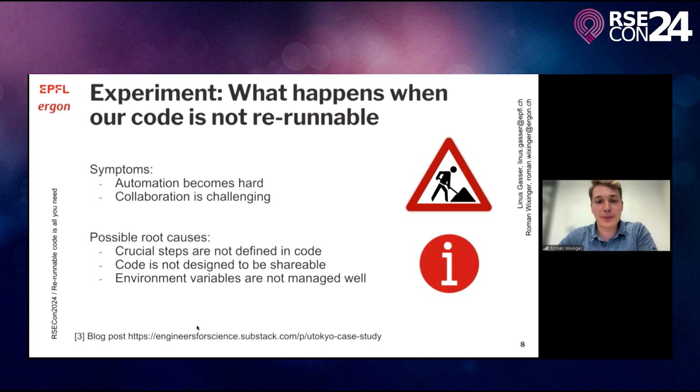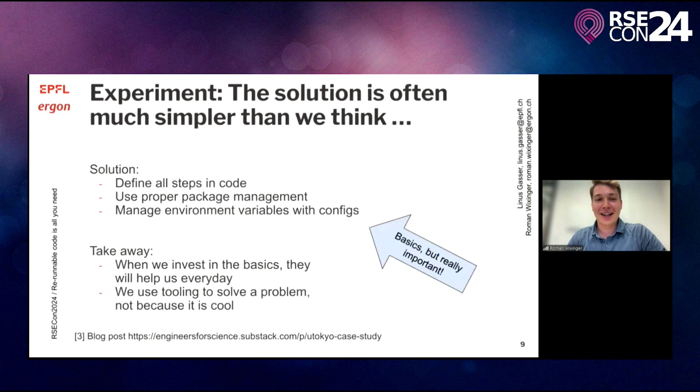Of course, the cure is really simple. Of course, for you as RSCs, you know the solution. You just define all steps of the experiment with code. So you control the experiment with code, use proper package management so that different people can work at the same time on the code, on the analysis. And then you also manage the environment variables nicely.